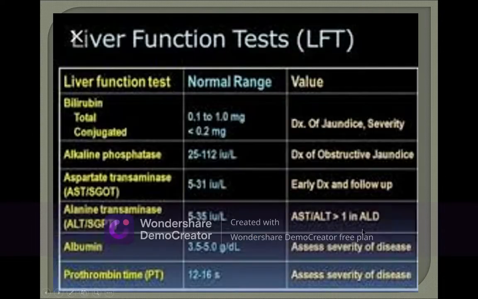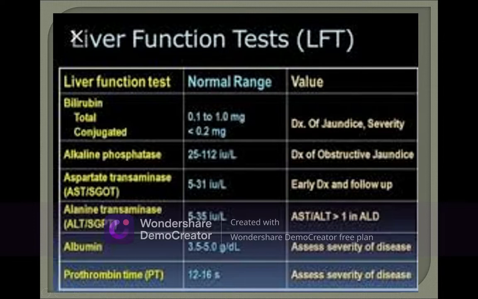So what we will do is the liver function test, other than the CBC you have done. In the liver function test there are many parameters. Total bilirubin should be checked first of all. Normally it is 0.1 to 1 milligram. More than 1.5 milligram but less than 3 milligram total bilirubin is known as latent jaundice.